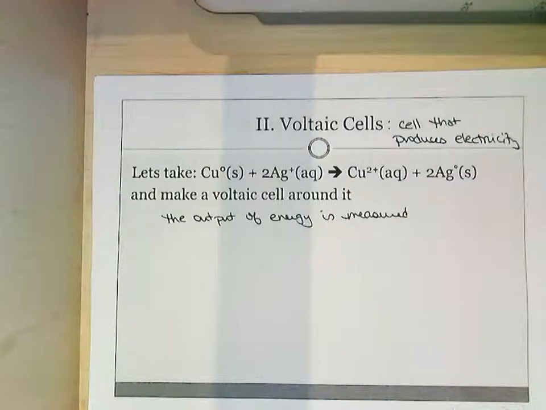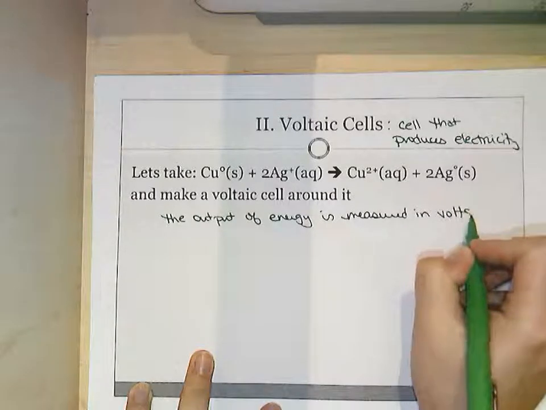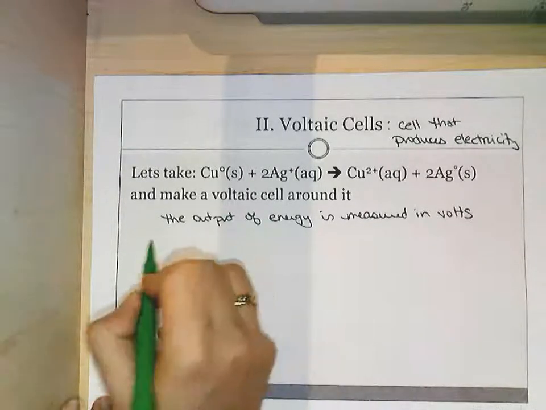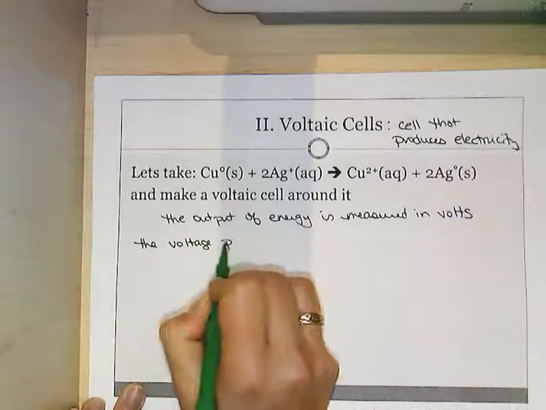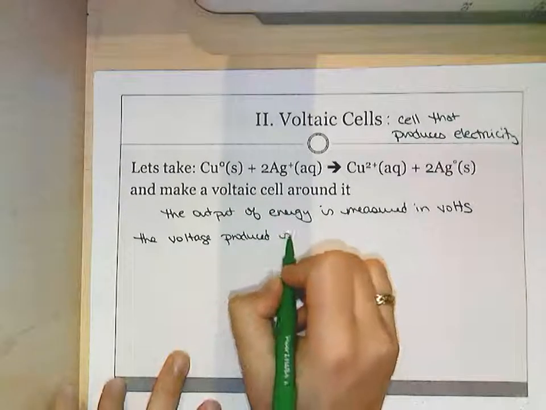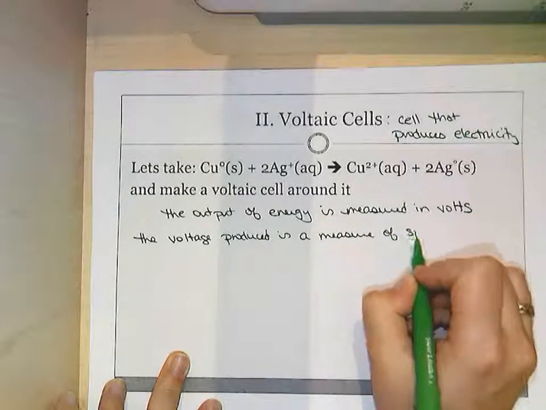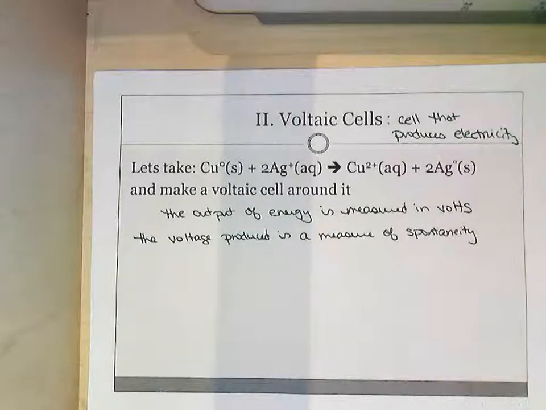We're going to measure it in volts. So hopefully that reminds you which one's which. The voltaic cell makes volts, which means it's producing electricity. That voltage produced is a measure of spontaneity.